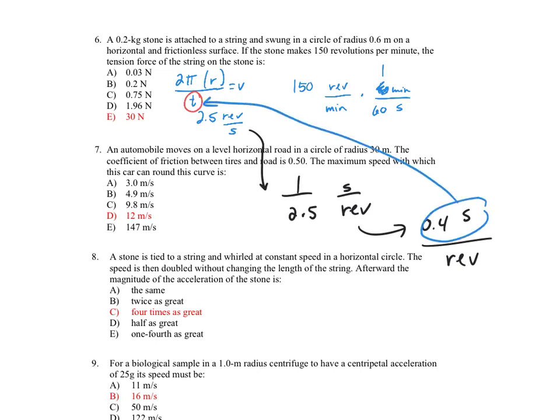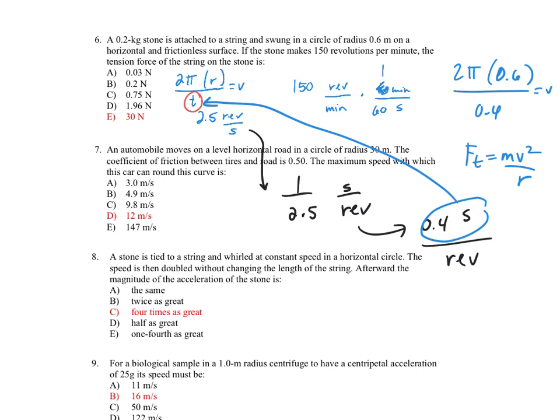So that's going to go back in up here. See what I'm saying, the difference there? It works either way, obviously, when you look at the math behind it. So we've got 2 pi times the radius, 0.6, over a time period of 0.4. This will give us v. And then we want to know the tension force. So tension is the only thing giving this circular motion. So we know that tension equals mv squared over r.